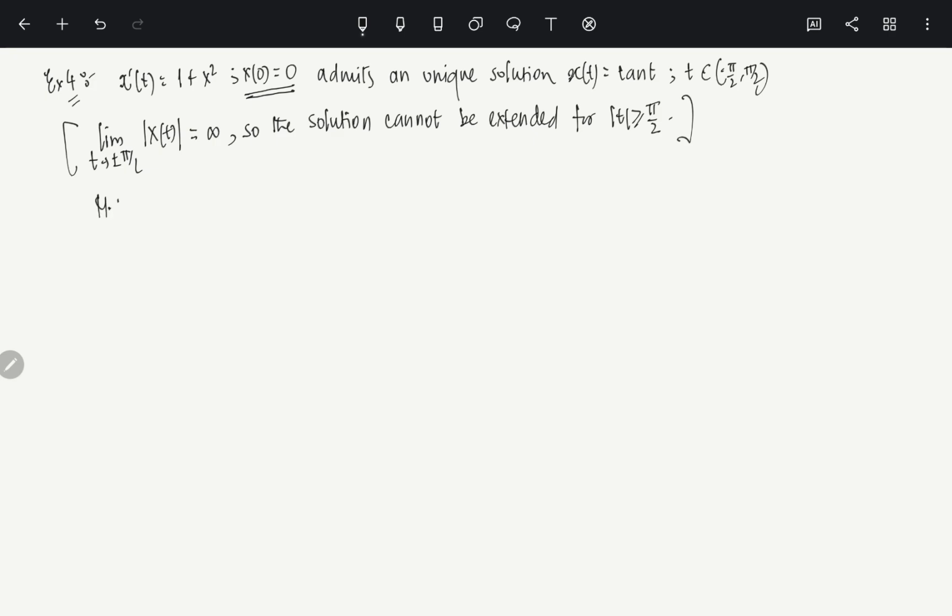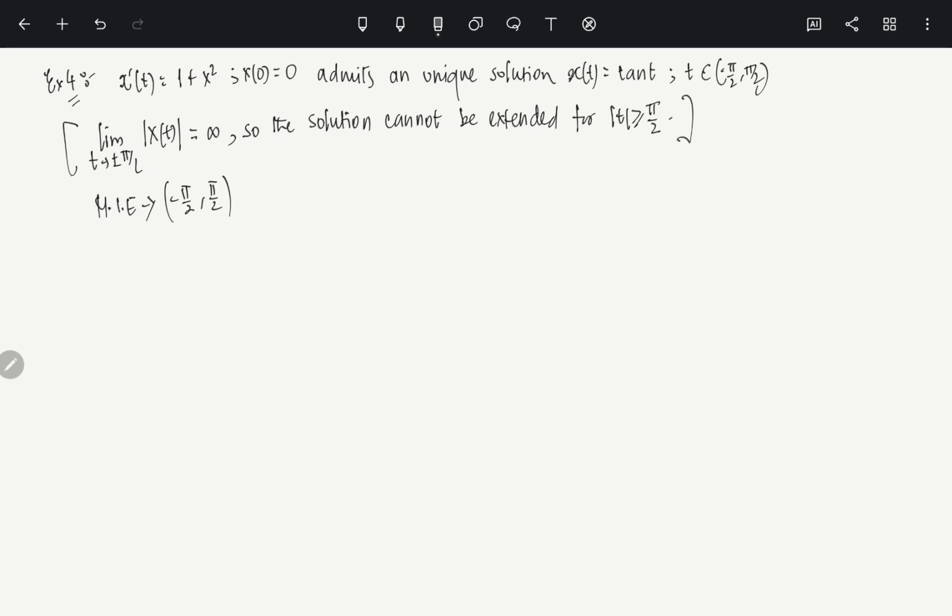So what is the maximum interval of existence? In this case it is minus pi by 2 to pi by 2. Is this okay? In any other interval, except at pi by 2, you can leave it and do it in another interval where tan will be defined. But the problem is that interval will not contain 0, right? And because we are looking for the problem at 0, a neighborhood of 0, this is the only interval which will work for us here, and that is the maximum you can think of.